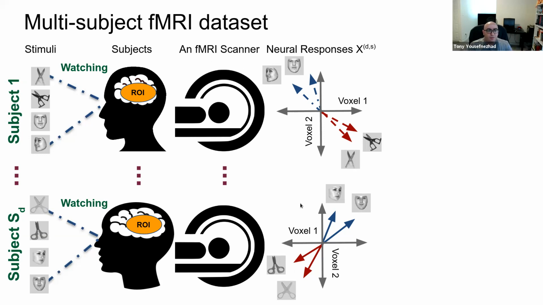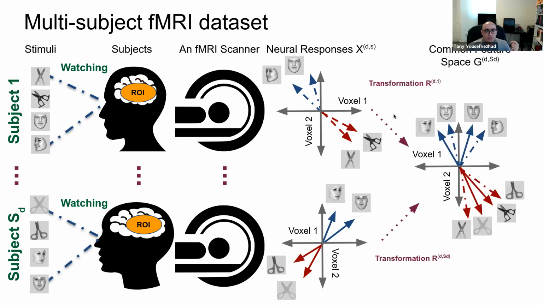For fixing this difference, functional alignment theory says that they are exactly the same, but they are noisy rotations of the same template. This idea was presented in 2011, applied to different cognitive states and different stimuli, and we figured out that this idea works very well, at least for brain decoding.